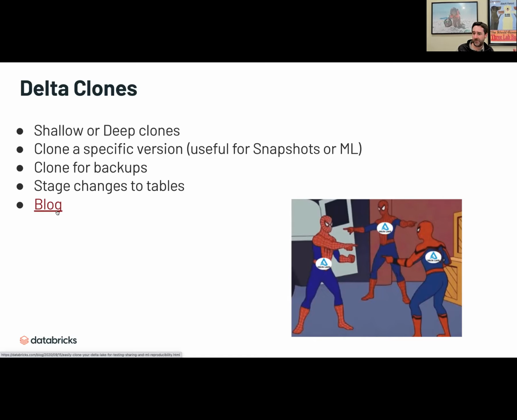A deep clone will do a full clone of a table at a point in time. So if you want to say, clone this table at version Y, it will actually make a full copy of that into a different folder structure at that version and time, so that, let's say for the time travel ML use case, you take a point in time reference and copy it over so that it can be kept for years at a time.